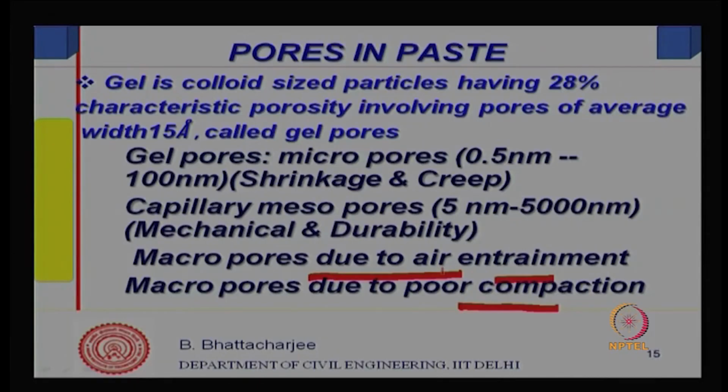if you recall the hydration process that we looked into, we said that there is inner product of hydration which is within the original grain boundary. We have outer product because hydration product occupies more volume than the original cement.